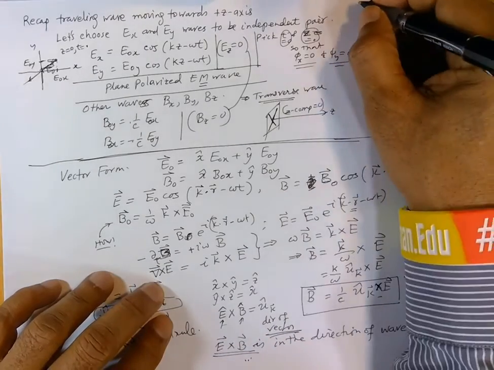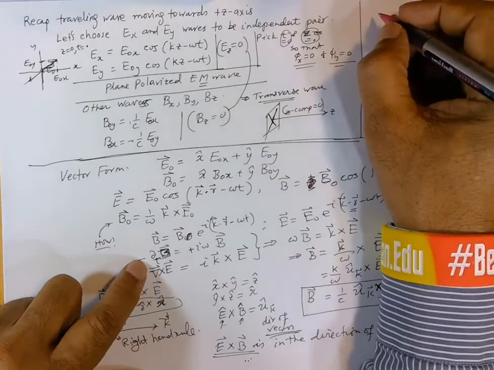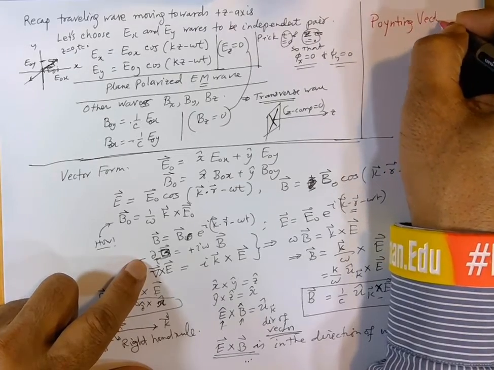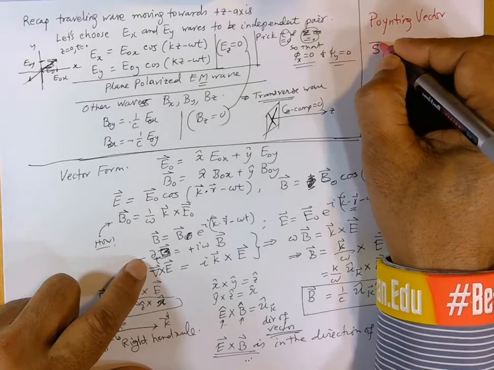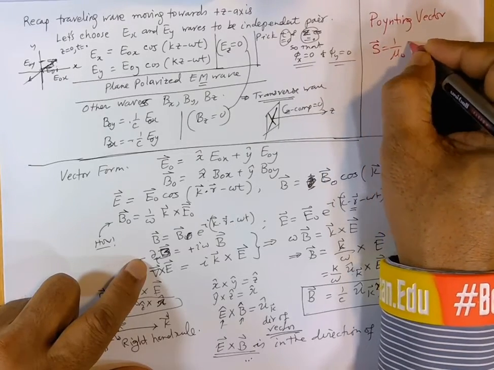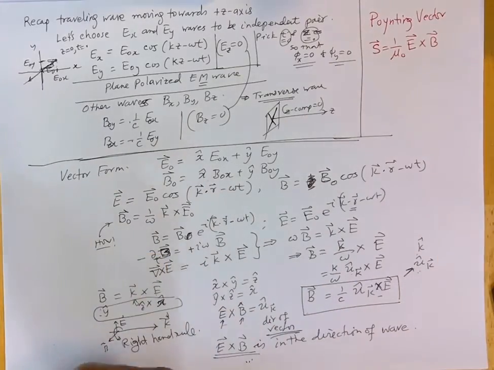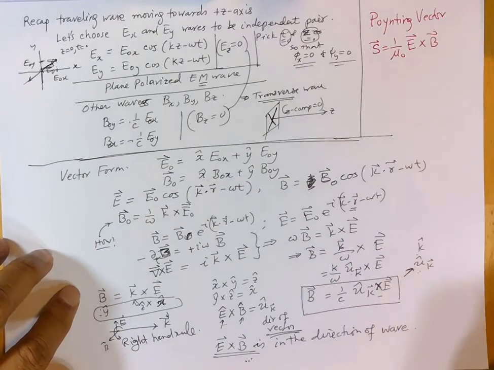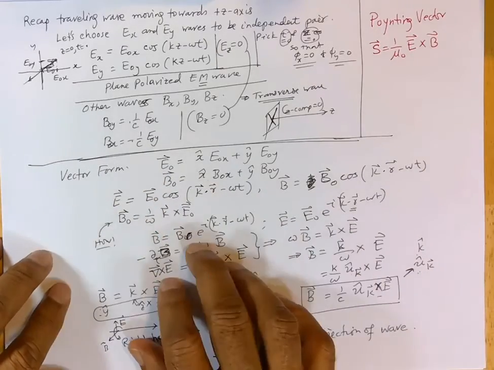Because there's space over there, we will introduce what is called the Poynting vector, and that will be written as S equals 1 over mu naught E cross B. And this mu naught is there for a reason that will be important later. Okay, so next I'm going to talk about how to study the flow of energy in this wave.